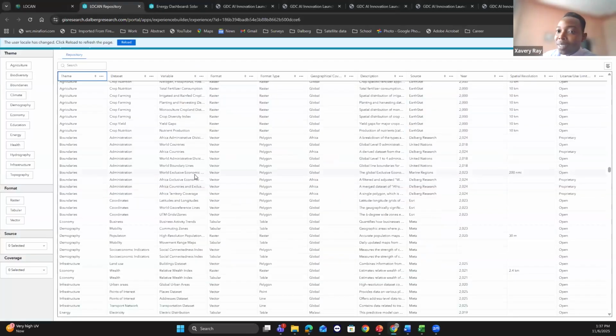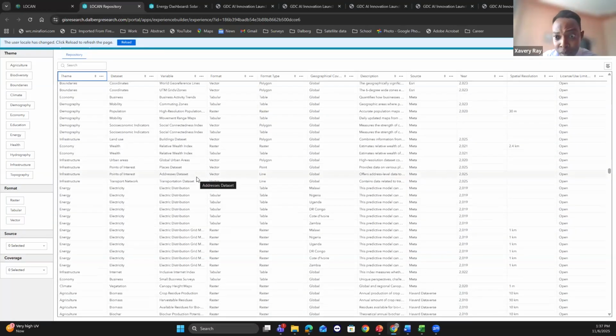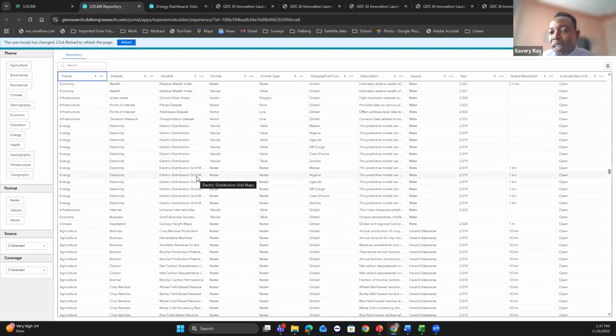Here, you can see the catalog of our repository. It brings together over 3,000 records of data from population to roads, energy access, and markets, all organized in one place. These datasets are the foundation of the location insights we build, and some of which have been shared by Dr. Jasper.